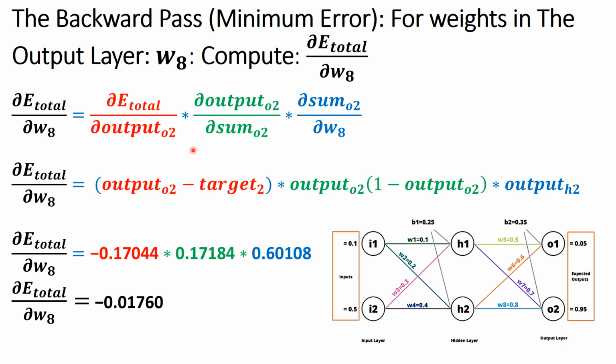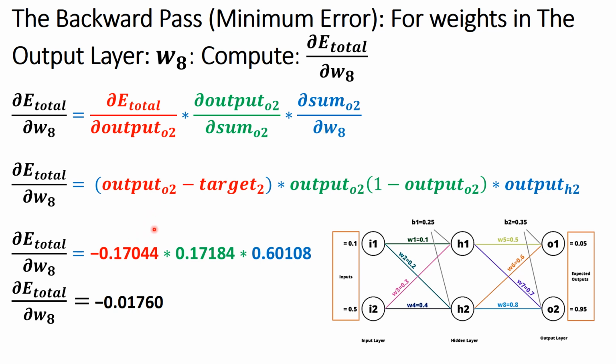We just notice that the partial derivative of E total with respect to W8 equals gradient of E total with respect to O2, and gradient of output O2 with respect to sum O2, and gradient of sum O2 with respect to W8, and this is the derivative of this, and this is the derivative of this, as we have just computed for the past weights.